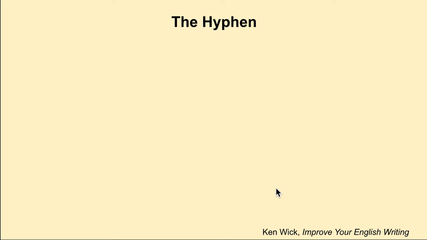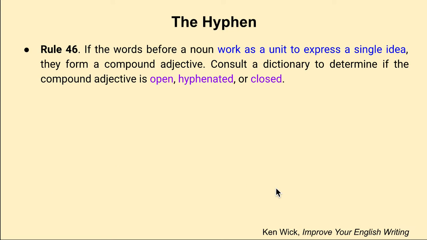So rule number 46 is if the words before a noun, usually adjectives modify nouns, right, work together as a unit to express a single idea, they form a compound adjective. Consult a dictionary to determine if the compound adjective is open, hyphenated, or closed.